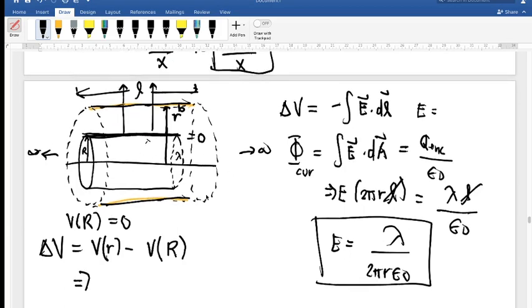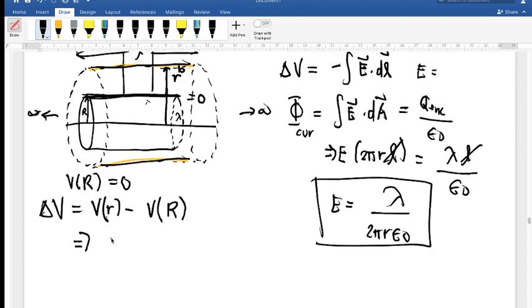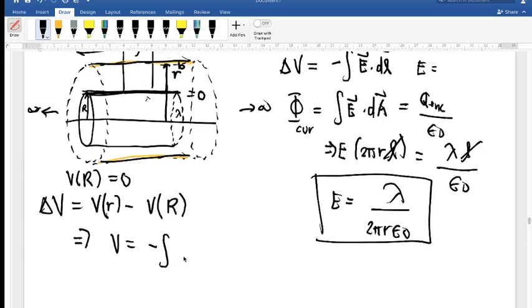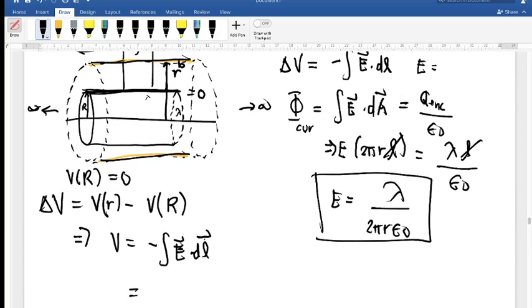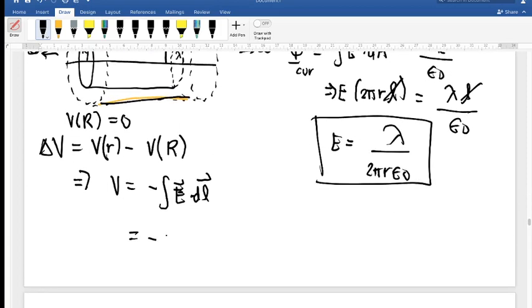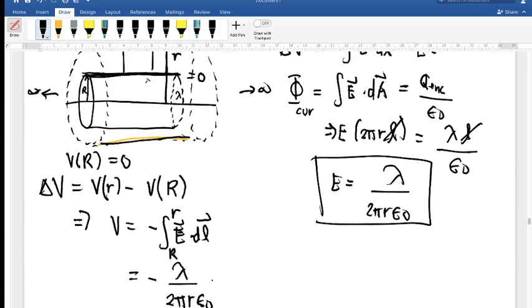Okay, so at the surface, using this equation, we have delta V is equal to the negative integral of E dot dl. Then we have negative lambda divided by 2 pi r epsilon sub naught, from r to the small letter r. So how much is that?